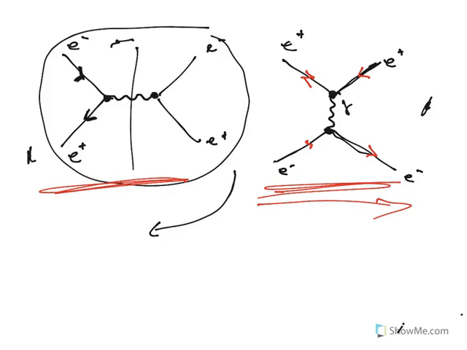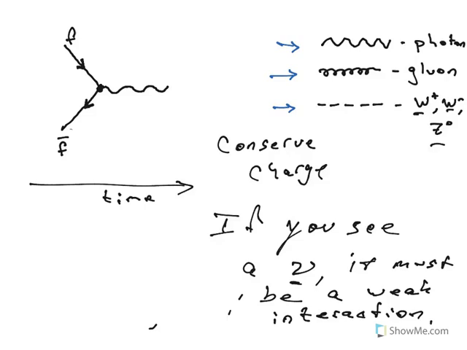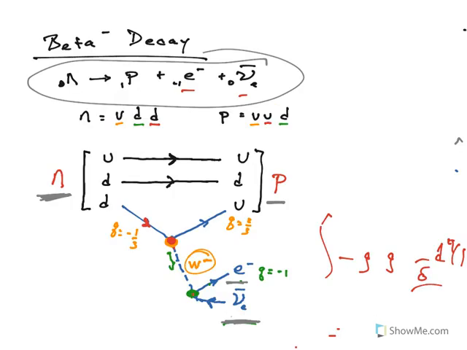What is this guy over here? There's an electron-positron pair coming in and annihilating, so this is matter-antimatter annihilation. I look at this guy, I say, okay, a neutron turns into a proton, electron, and antineutrino by the mediation of a W minus boson. So this is beta minus decay.